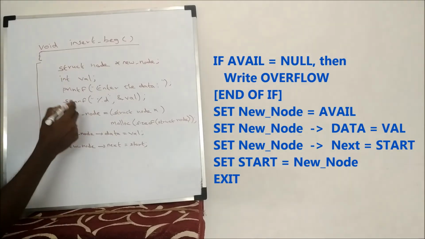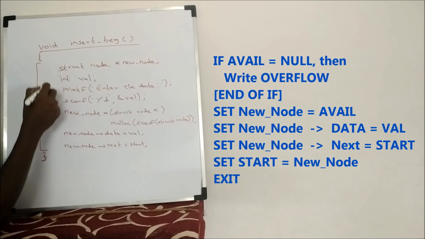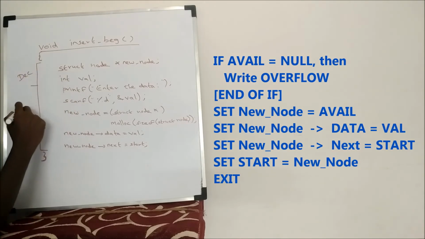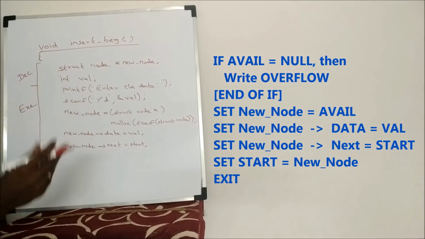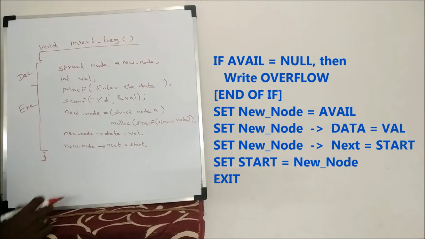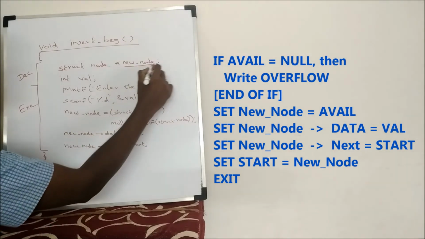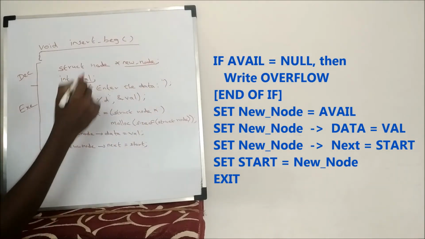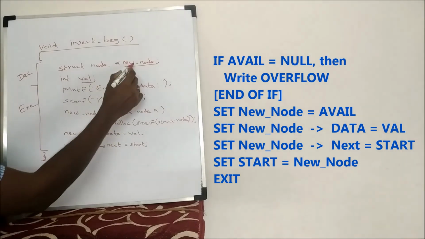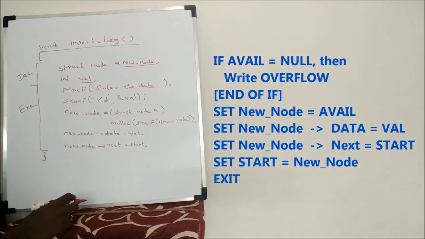Normally every function consists of 2 portions, one is the declaration part, another one is the execution part. As far as our algorithm is concerned, there are 2 variables we use. One is newnode, another one is VAL, that is value. You already know the newnode is a node pointer variable.